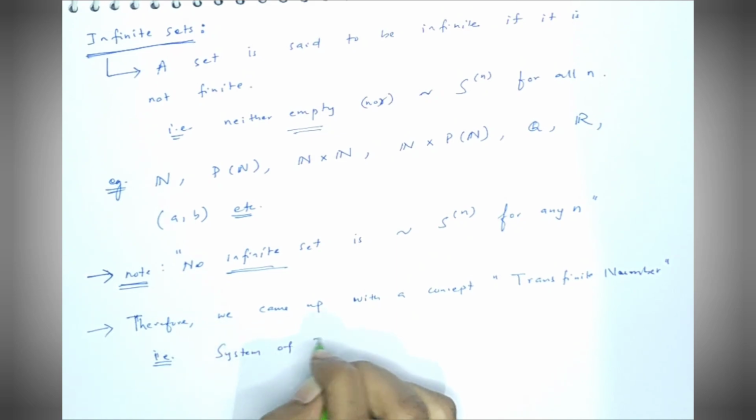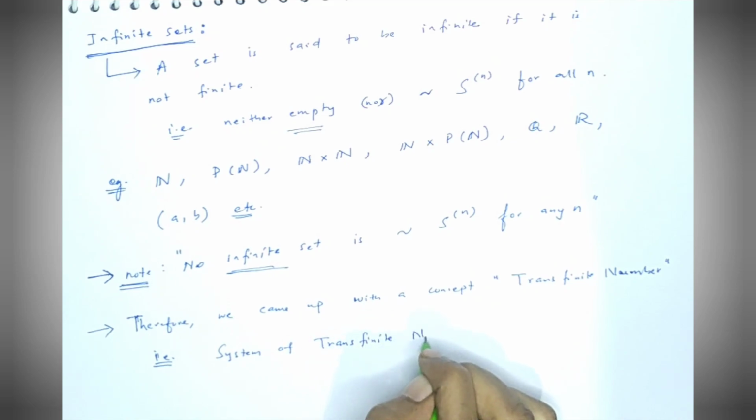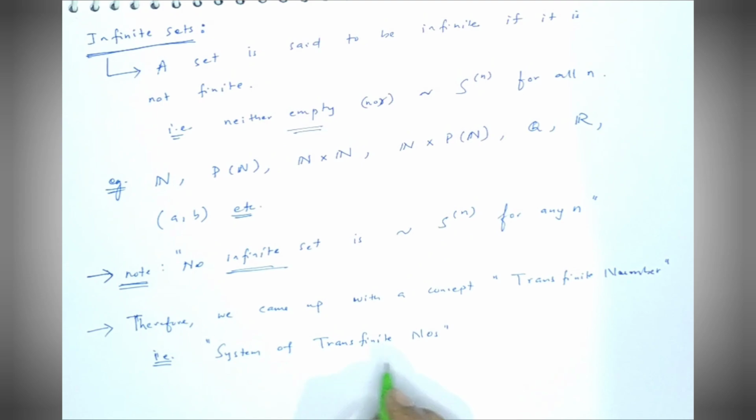This is a new number system that is called the system of transfinite numbers. This is called the collection or set of transfinite numbers.